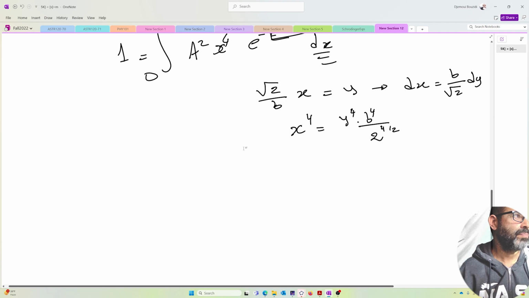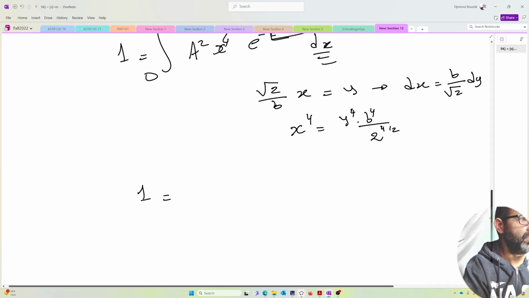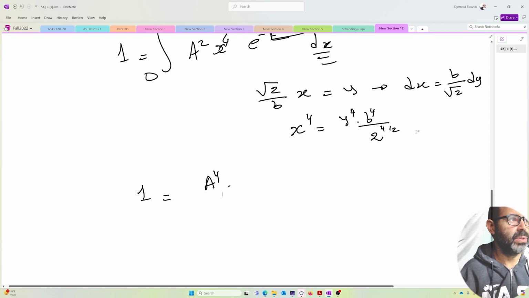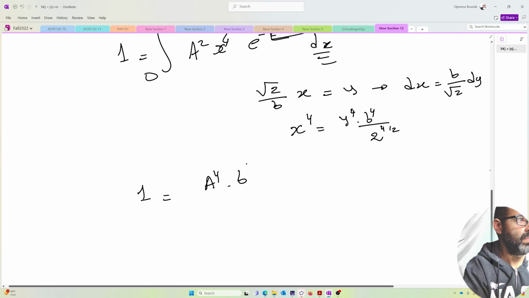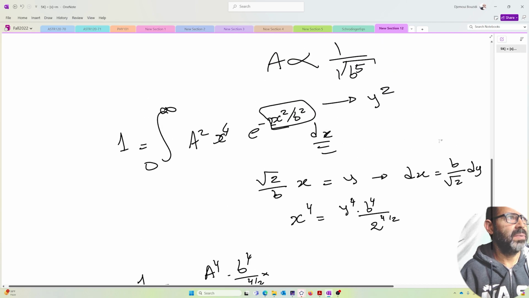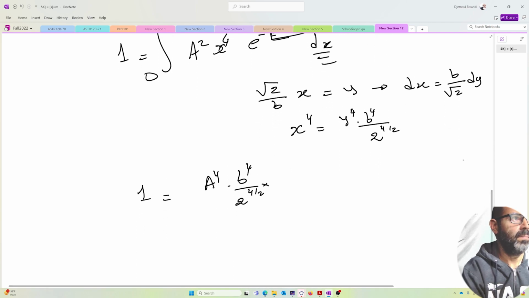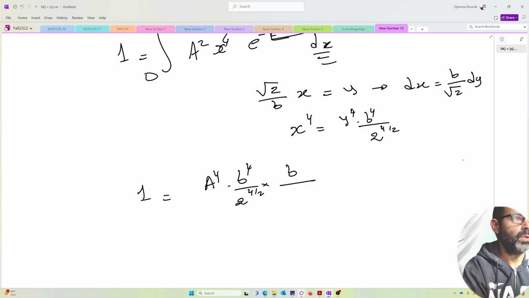So what we're saying in here is that 1 is equal to a to the power 4 times, we're going to put these constants in here, b to the power 4 over 2 to the power 4 over 2 times the stuff coming from the dx, which is b over 2 to the power 1/2.